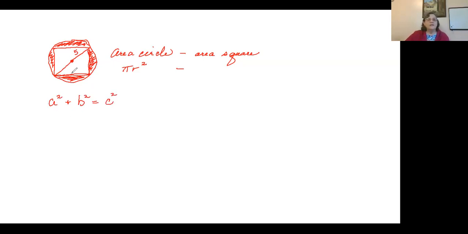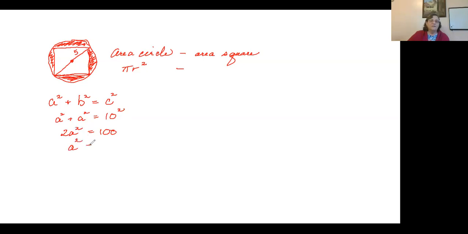But we could say that a and b are the same, so we could just call this a squared plus a squared equals, if half of this is 5, then the whole thing is 10, so this is going to be 10 squared. 2a squared is 100.